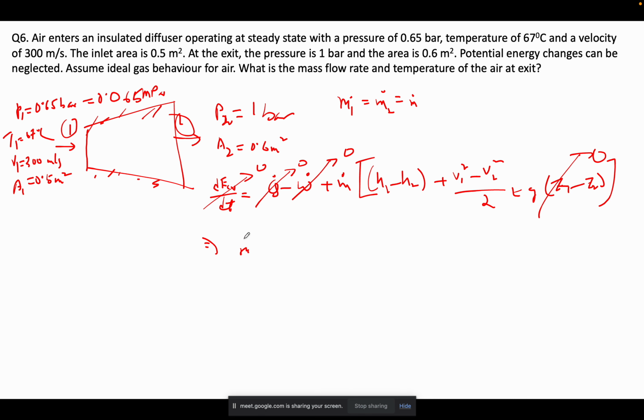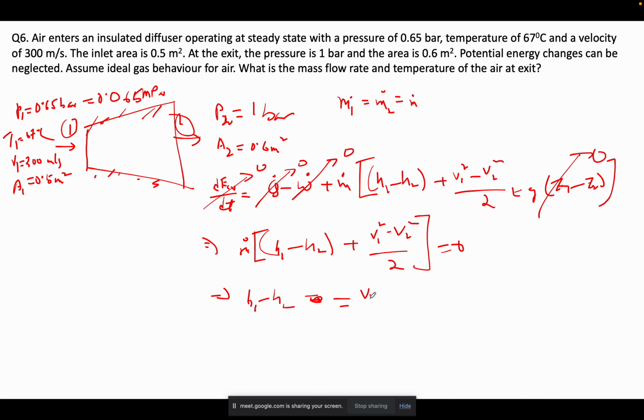So what is left with us is that m dot times h1 minus h2 plus v1 squared minus v2 squared divided by 2 is equal to 0. So from here what I can write is that h1 minus h2 is equals to v2 squared minus v1 squared divided by 2.